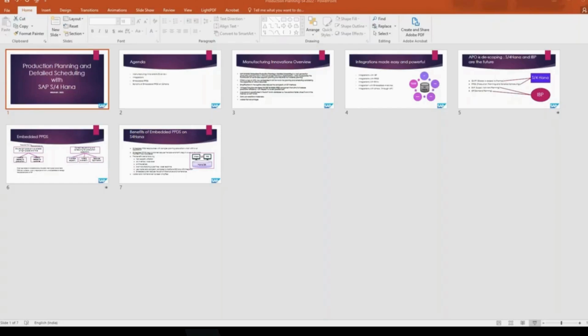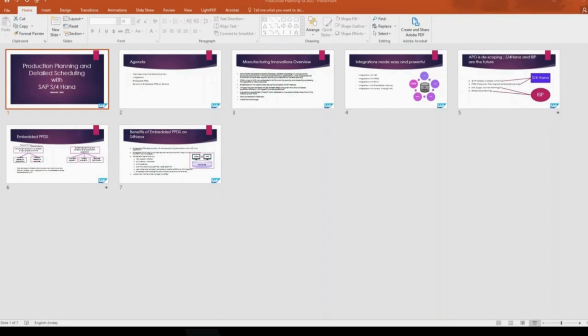Everything gets integrated to PPDS itself, because all of these use the same database. We'll talk about the embedded PPDS functionality and benefits of embedded PPDS on S4HANA. Also, at the end, we will go towards the table of contents for the trainings, meaning the topics that we will be covering during the sessions.